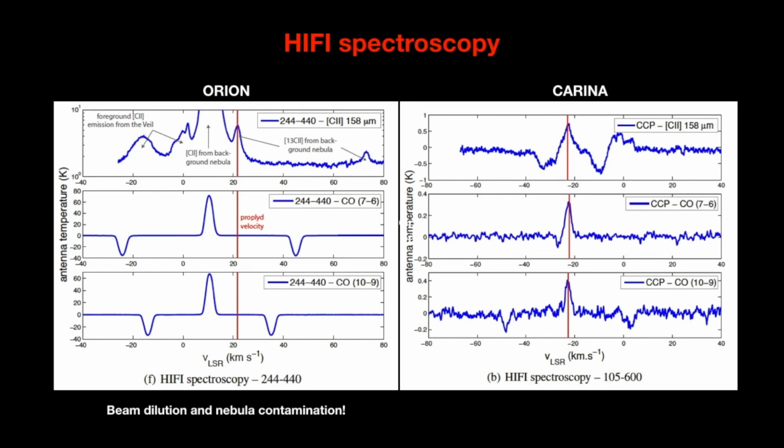Regarding Herschel observational results, we see that the proplyds in Orion were strongly affected by nebula contamination and beam dilution of the proplyd signal. Nevertheless, we were more successful with the Carina proplyd because of its larger size and the fainter background nebula emission.